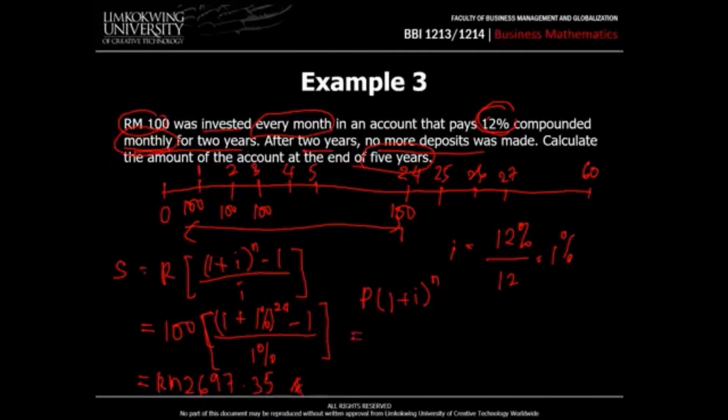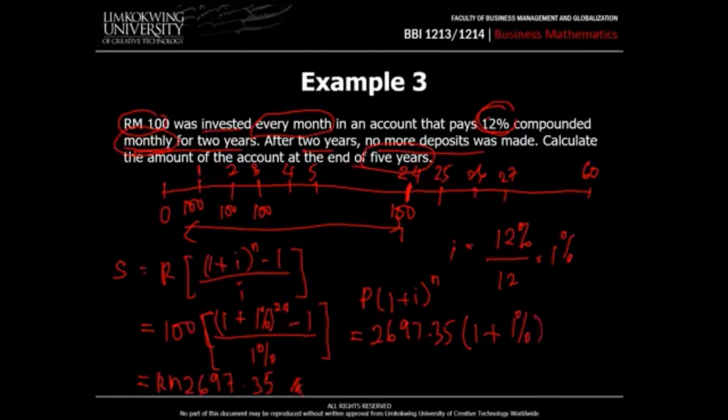So starting from here, what is the P? What is the future value here? 2697.35. Okay, and then 1 plus, what is i? 1%.